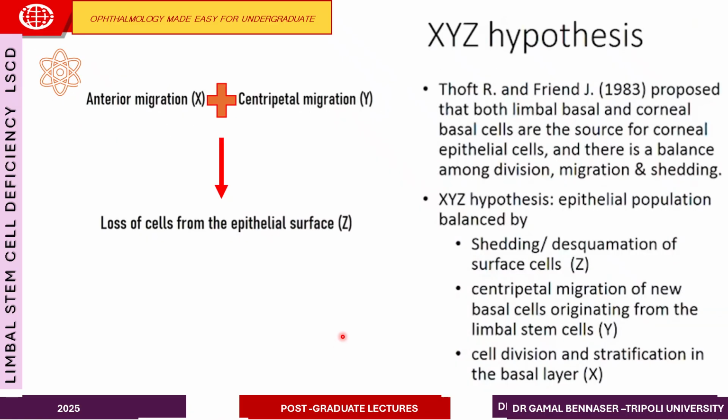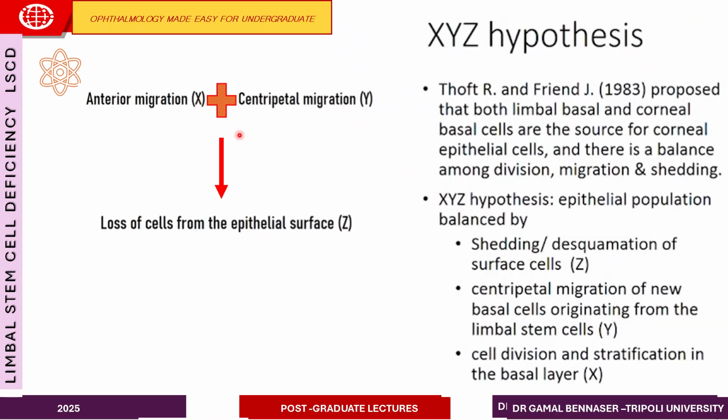Now let's speak about the XYZ hypothesis that was postulated by Thoft and Friend in 1983, who postulated that there is an equilibrium between the amount of cells shed from the surface of the corneal epithelium, that's the terminally differentiated cells, and the cell proliferation and migration that happens at the level of the basal cell layer, that's the stem cells. There is both centripetal and centrifugal movement of these cells.